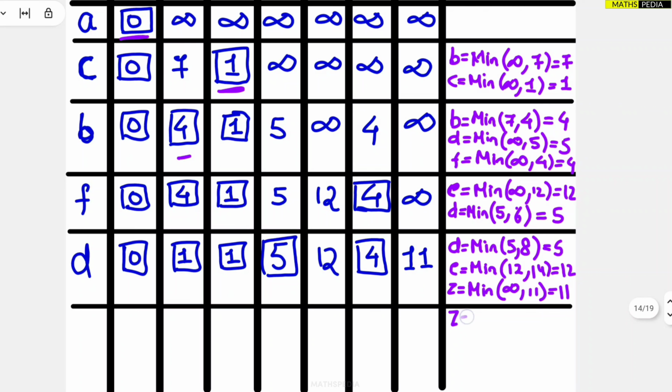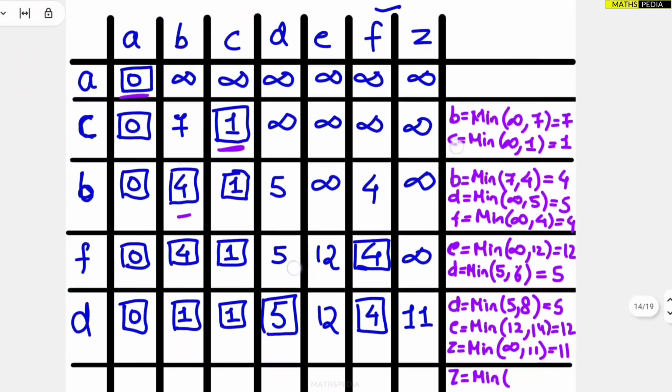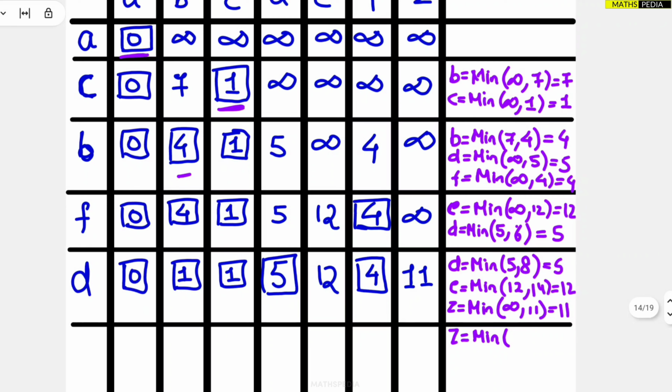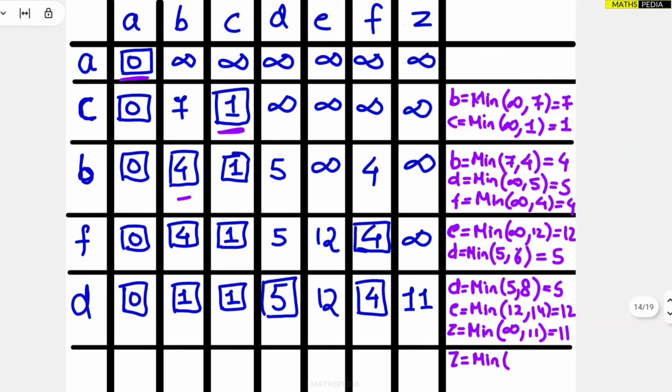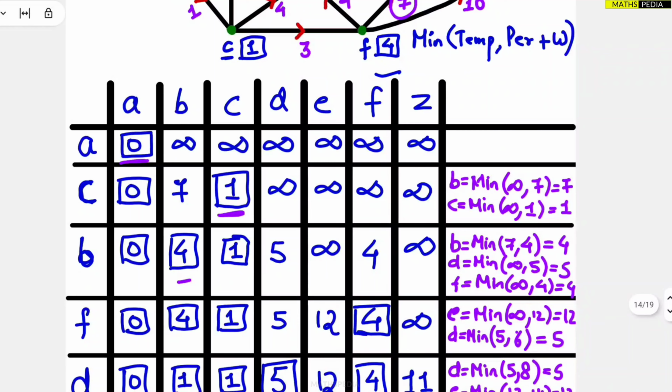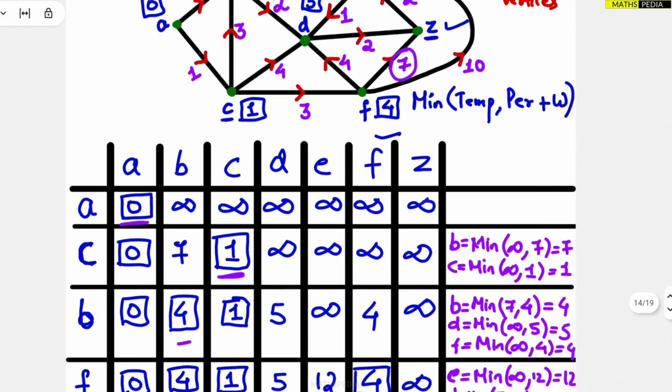So for Z we are calculating the minimum value of the temporary variable. What is the temporary variable of E? Sorry, this is not E. Where is that? E is this. Oh, sorry. Temporary variable for Z. So the last value here becomes 11. With respect to D, the permanent label is 5, so it becomes 5 plus the weight between D and Z. If you observe, D and Z has 2.